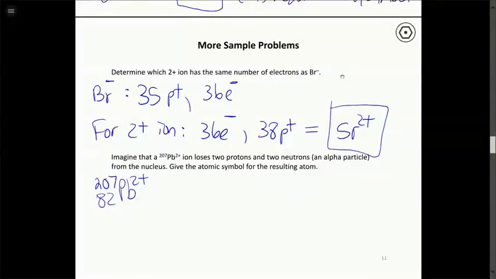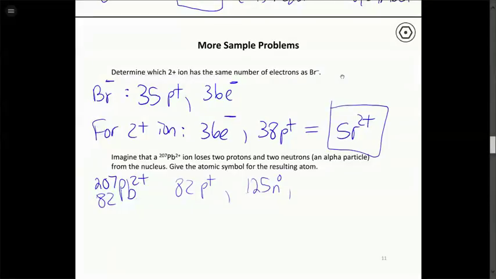And so this starting ion that we have has 82 protons. We need to find the number of neutrons that we're starting with. Remember, the number of neutrons is just, you subtract the small number from the big number above it. So 207 minus 82 gives us the number of neutrons, which is 125. The sum of these two numbers is 207, the mass number, of course.